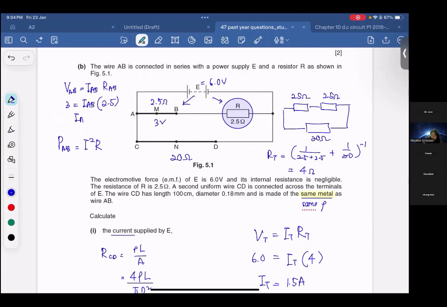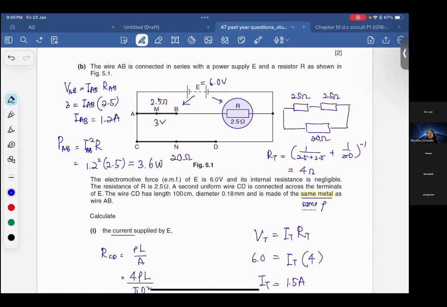So your current I for AB should be 1.2 ampere. Then I can substitute: I AB is 1.2 squared times 2.5. So my answer should be 3.6 watt. This is the answer for the next page, page 19.